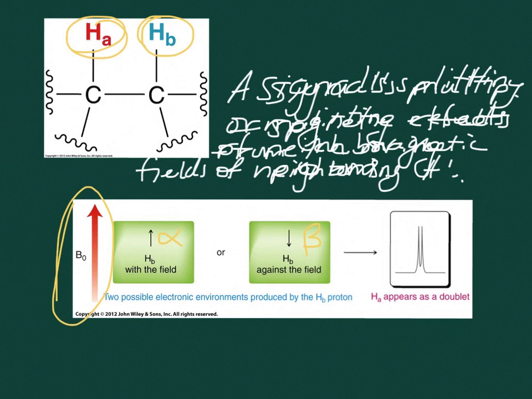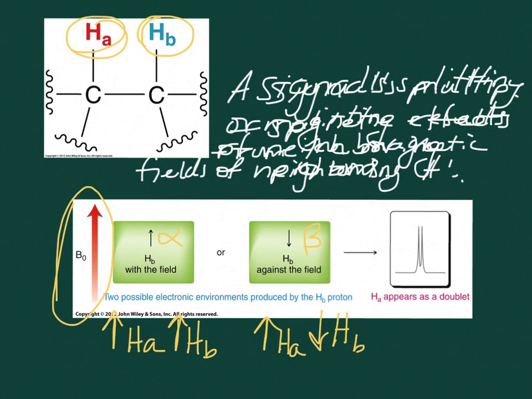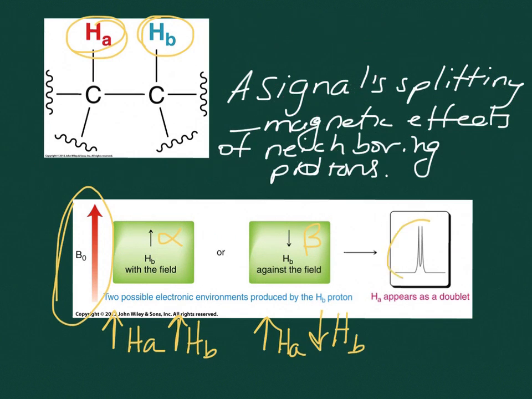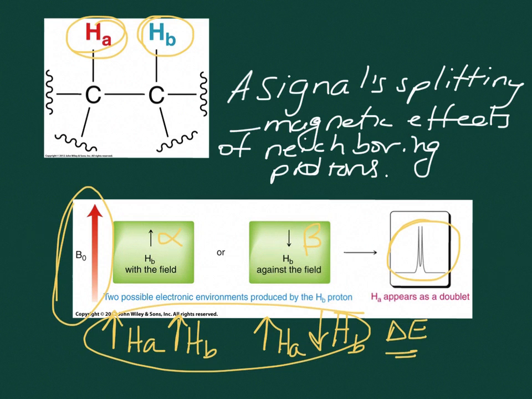So, we can have HA and HB both be aligned. Or we can have HA aligned and HB not aligned, and as a result, the signal is split into 2 because it takes a slightly different delta E depending upon the spin states of HA and HB.